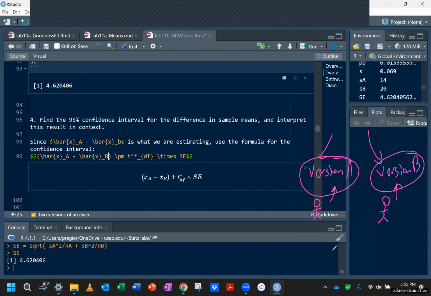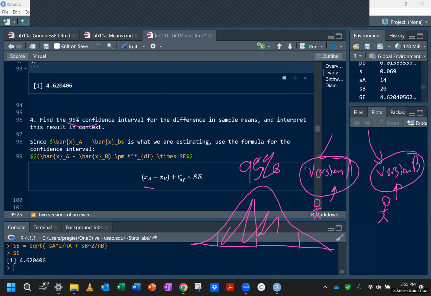Again, where does this t star come from? We want to cover 95% of the data for our confidence interval. That means whatever distribution we have with these degrees of freedom, we need to make sure we have 0.025 in the tails.